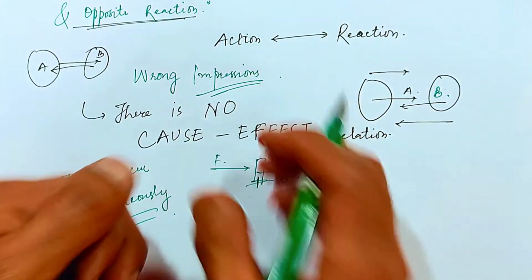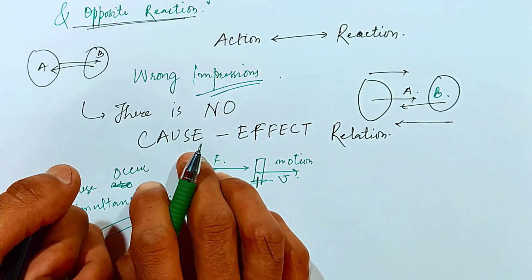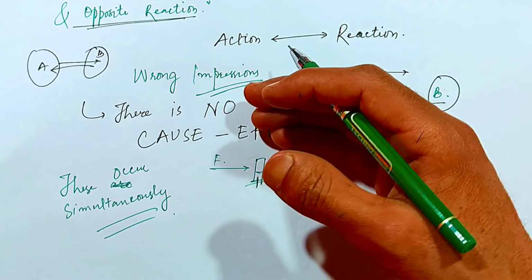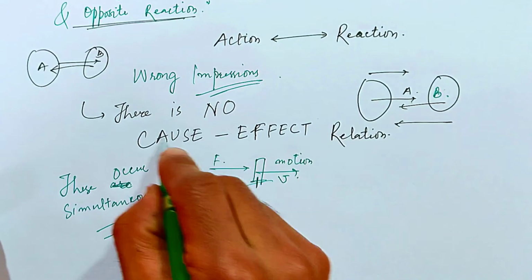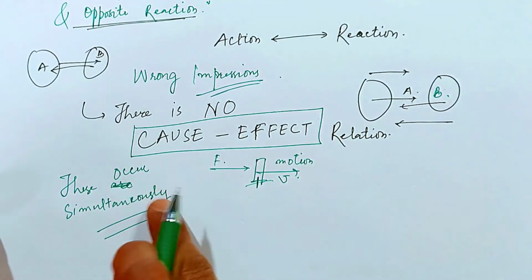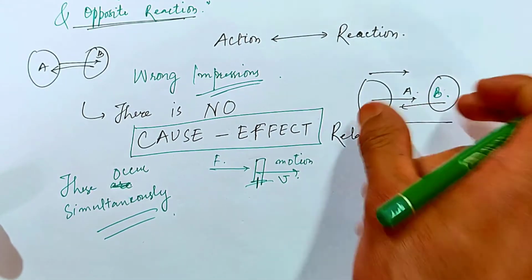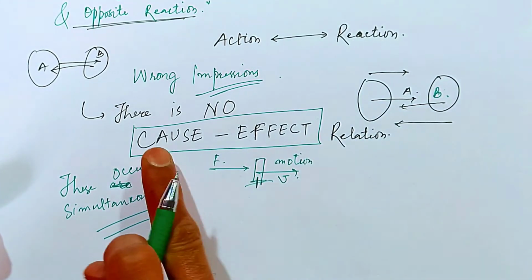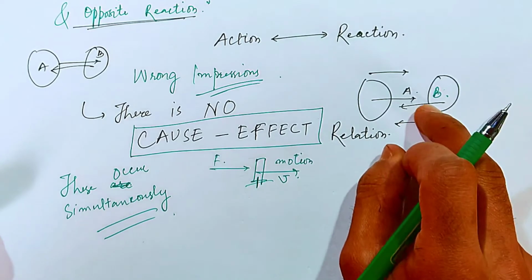There is no such thing as cause and effect, where first there will be a cause and then there will be an action, as in classical mechanics. In classical mechanics this happens, but this is not the case in the third law of motion. These two occur at the same time, simultaneously. Keep that in mind. The cause-effect relation does not hold here.